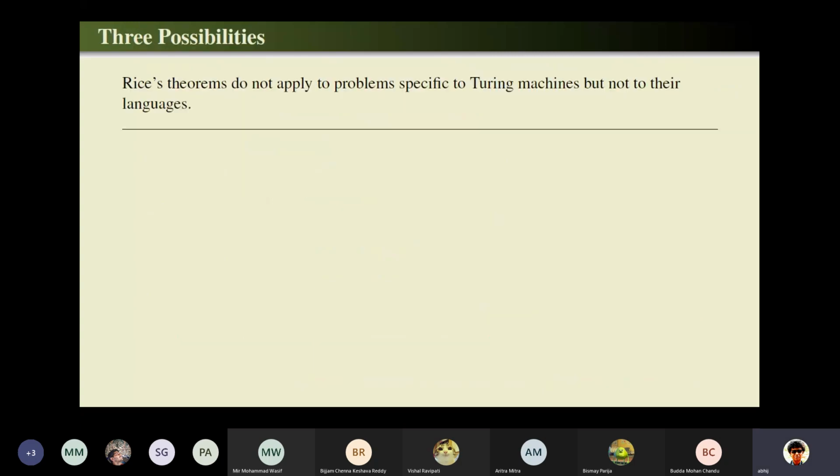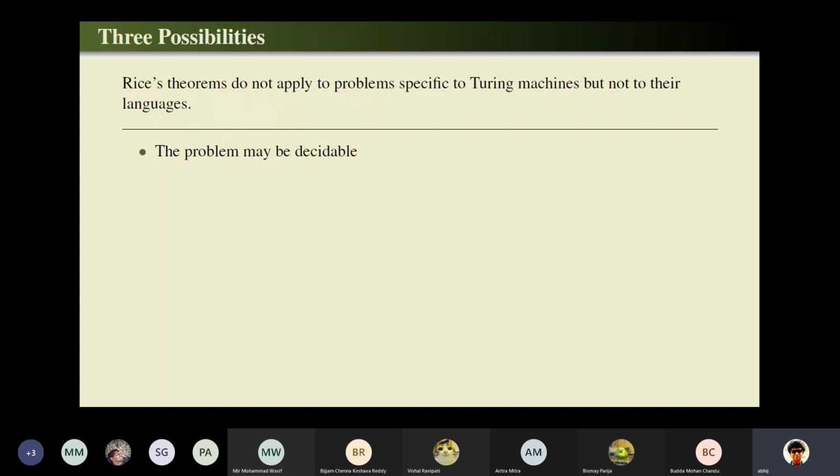Okay, so this is just a summing up slide. Rice's theorem does not apply to problems specific to Turing machines, but not to their languages. Anyway, you understand what I mean. So in this case, if I am giving a property of Turing machines, the problem may be decidable.